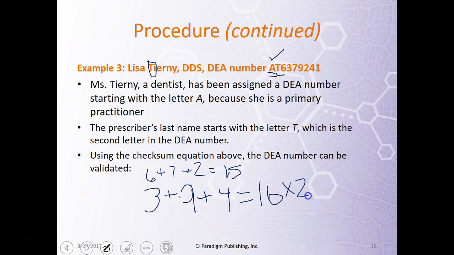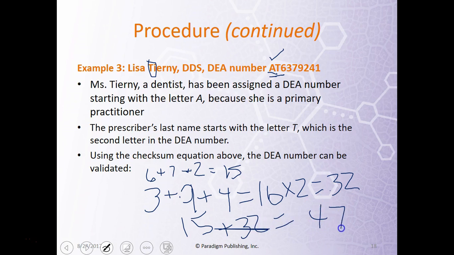Times 2 is 32. 15 plus 32 is equal to 47. All right, so I have 7 as my last number. Whoops, that's a 1. So this is invalid. So you would mark invalid, and what would make it correct is if the validation number was a 7.